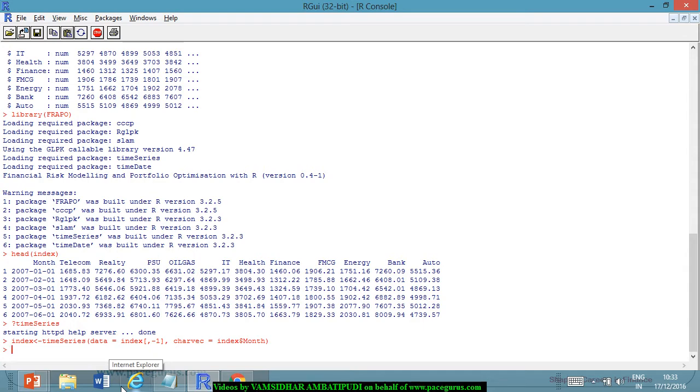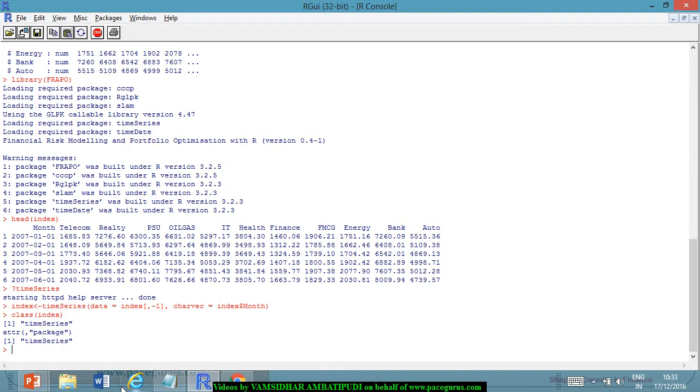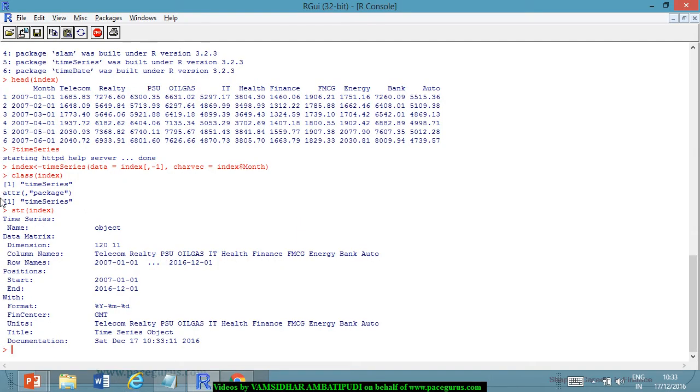So now if you look at the class of index, it's a time series class. It's no more a data frame. Even if you look at the structure of index, you'll get a different structure. It's a time series object containing 120 rows and 11 columns. Which means this column is no more a column now, it's more of an identifier.